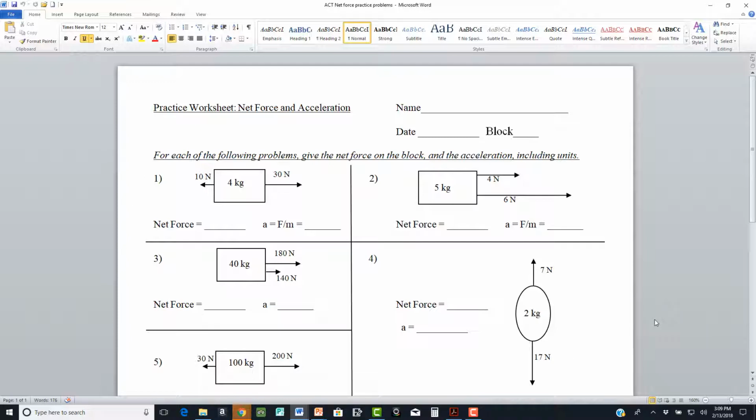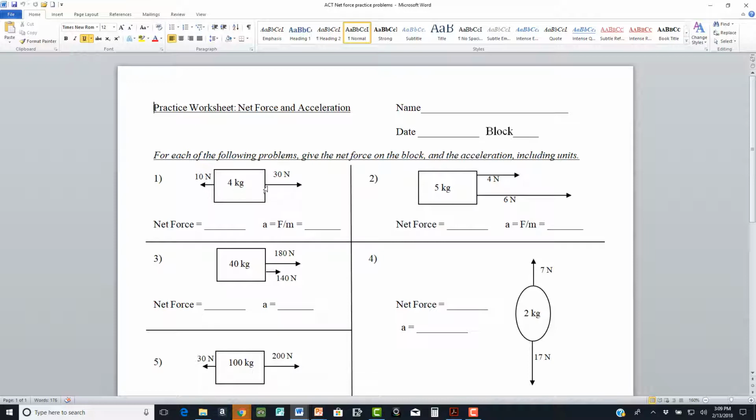This is a practice that we did in class today. These are called free body or force diagrams. The square represents an object, and here the oval represents an object. The arrows represent forces acting on the object. In here, you see the mass of the object, and the arrow directions show us which way the forces are acting on the object.